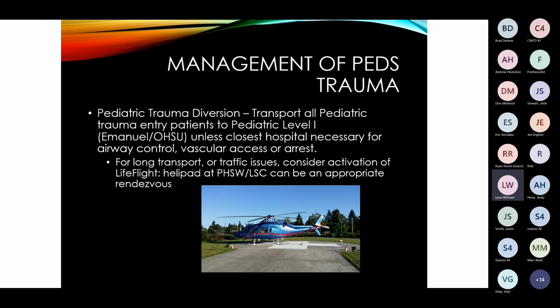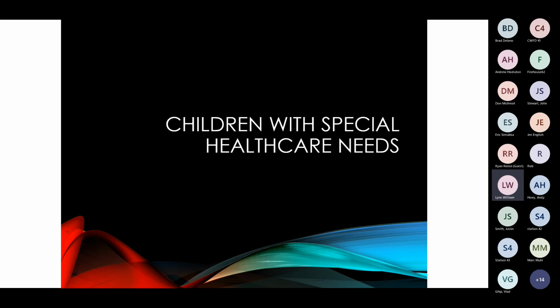For long transport or traffic issues, consider life flight. You could use the helipad at either South Southwest or Legacy Salmon Creek as a rendezvous. Now, obviously, in the more rural areas, there'll be other closer places to go, where they would pick the child up.